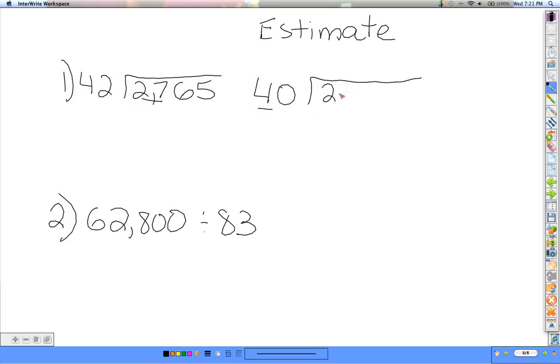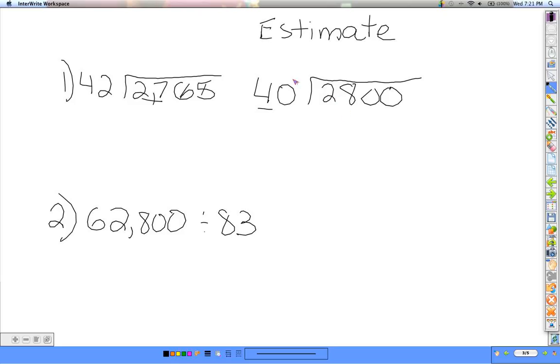So if you replace that 27 with a 28 and then replace these two with zeros, now we have 40 into 2,800, and 2,765 is close to 2,800 anyways, but we picked a number that's a multiple of 4, which is 28, and now we know we're not going to get a remainder.